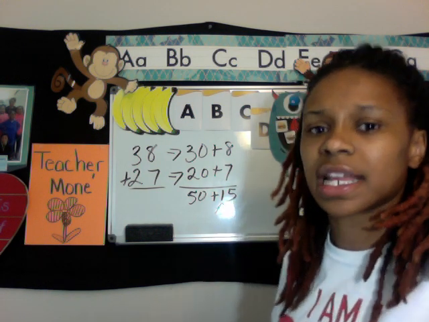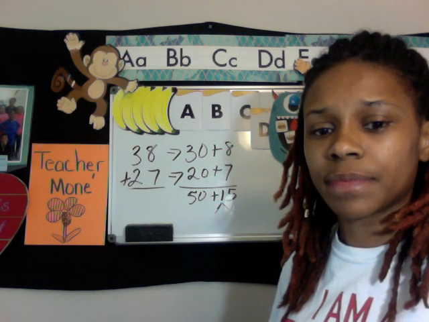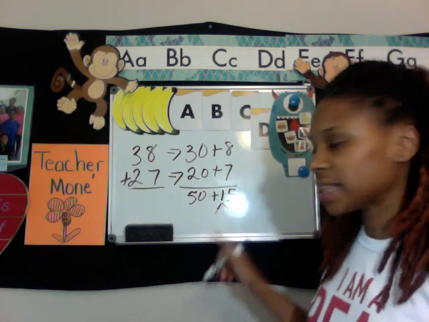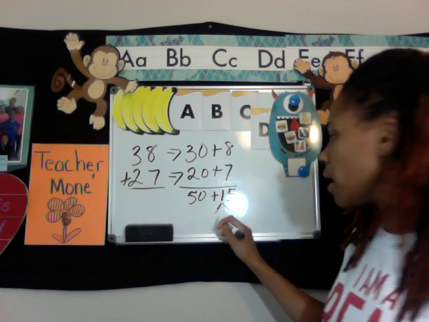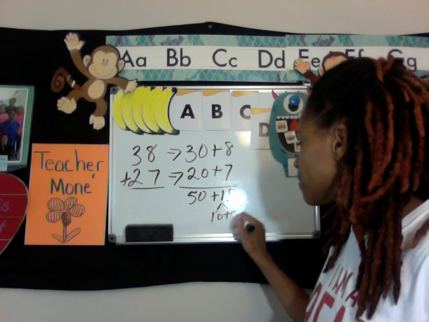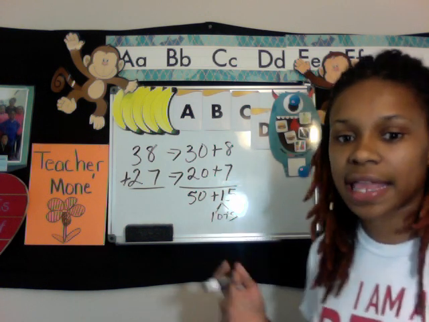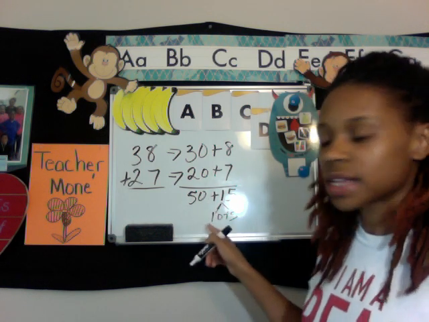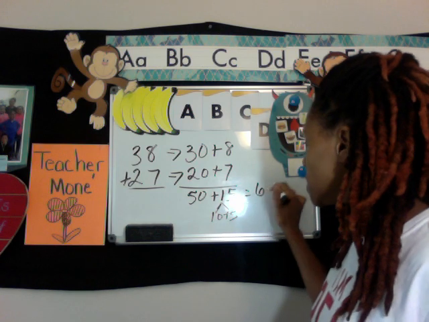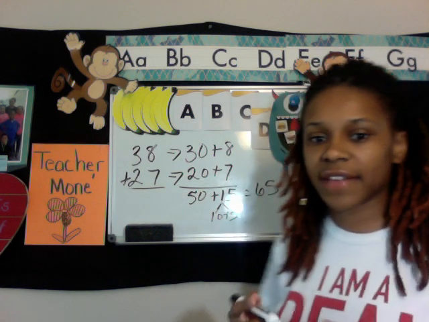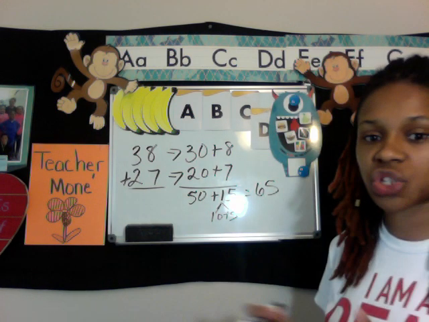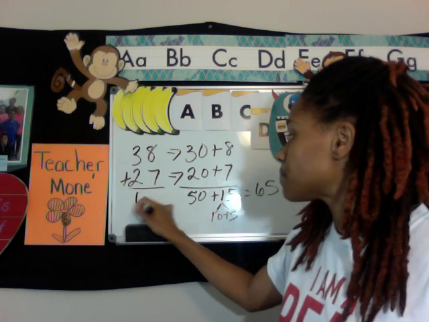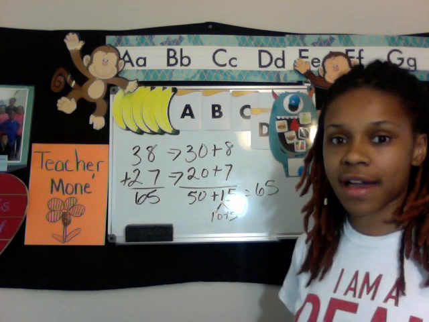And I hope you guys can see that. Let me move my light a little bit. There we go. Making this number into a number bond of 10 plus 5. So now I have to add that together. 50 plus 10, I know that makes 60, and 60 plus 5 equals 65. So here again, I have answered this question of 38 plus 27 and made 65.